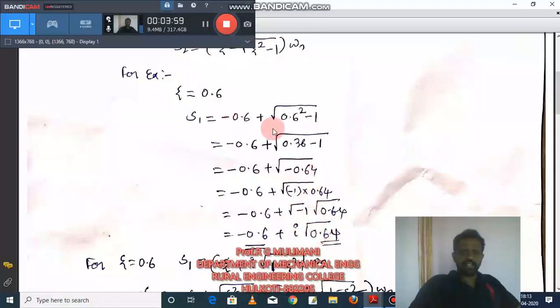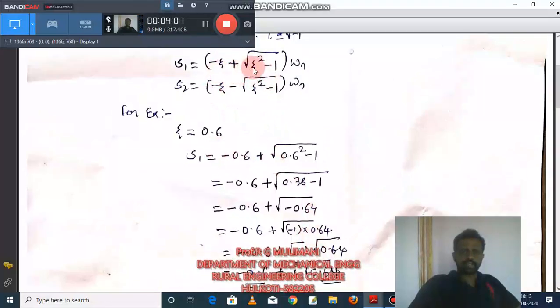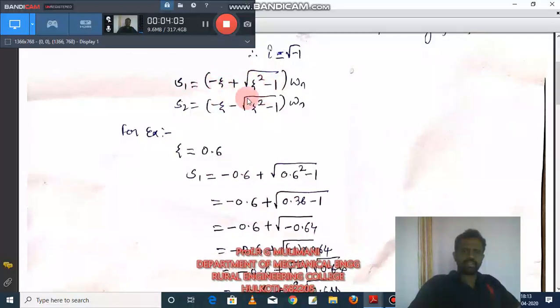So the roots for the underdamped system, expressed in terms of imaginary, have the i coming here, and the square root of zeta square minus 1 interchanges its position. So s1 will be minus zeta plus i square root of 1 minus zeta square, into omega n.